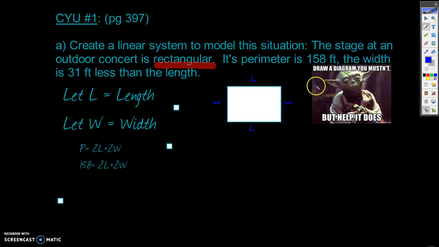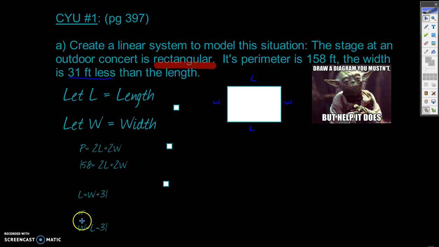And now our second equation has to do with, it says the width is 31 feet less than the length. So how do you make that equal? Well, you could take the width and add 31 to make it equal to the length, or you could take the length and subtract 31. Okay, it is up to you.